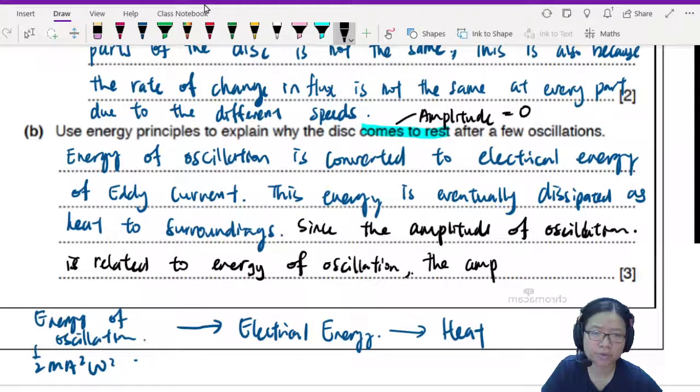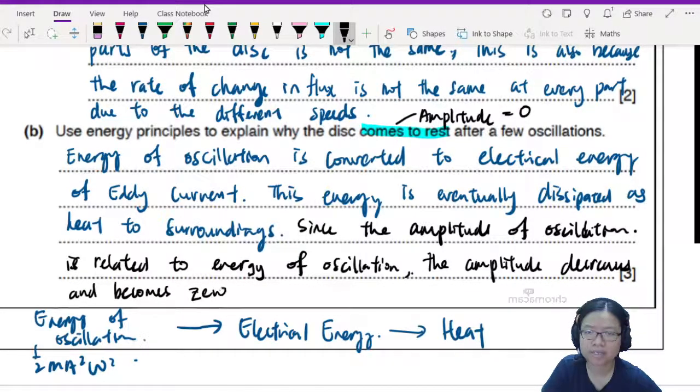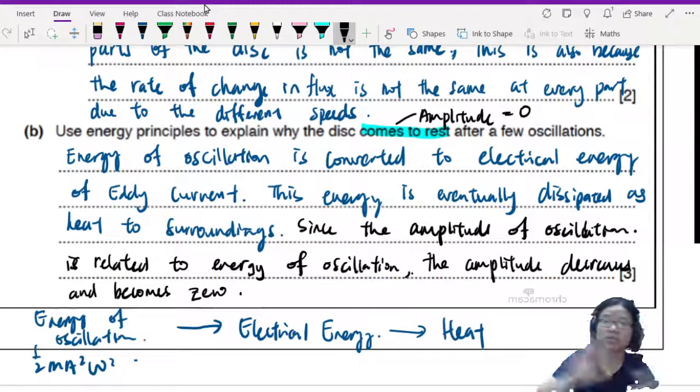The amplitude decreases and becomes 0. So become 0 means the oscillation has stopped or it is at rest.